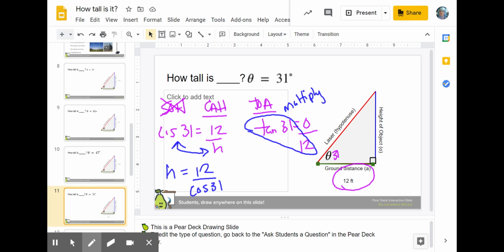So what do we get for the hypotenuse? Anybody got that? You got the height? Okay. What'd you get for the height? That is what I got as well.